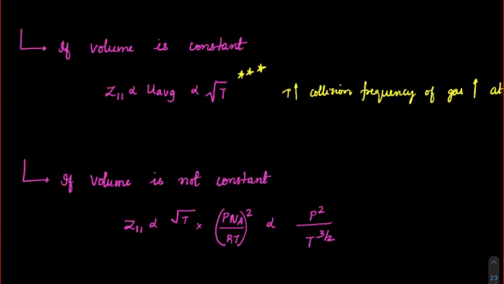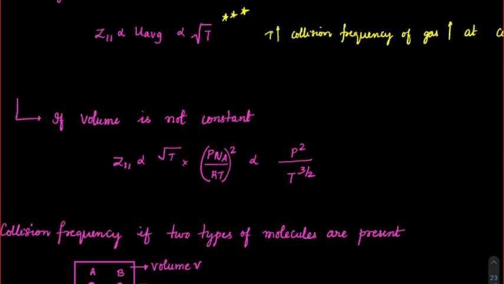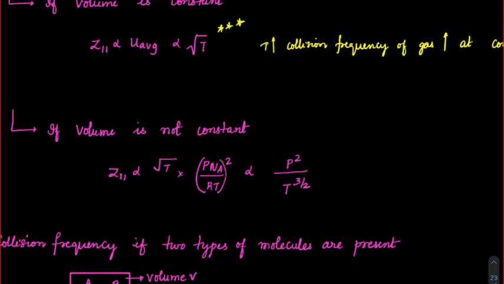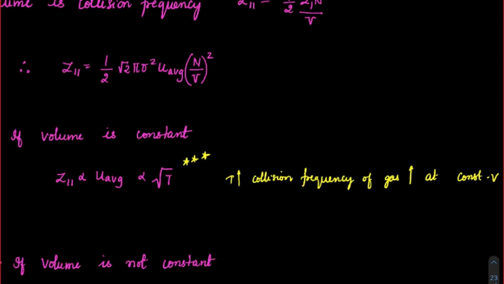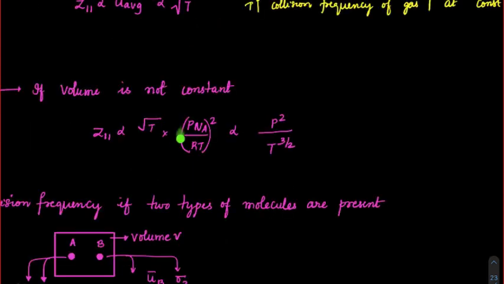Now, if the volume is not constant, then Z11 will be proportional to root T, which is coming from the speed, and also we just derived that N by V can be written as pressure into Na by RT. So that whole square will come. So we will get Z11 proportional to P square divided by T raised to power 3 by 2.